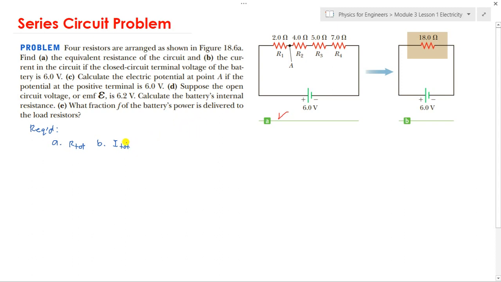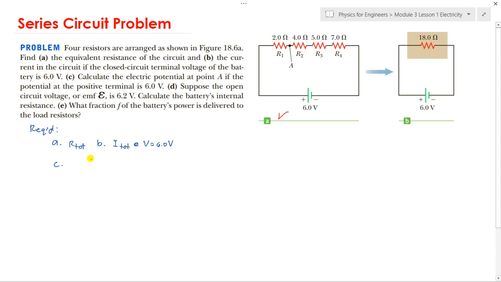Okay, so the circuit naman has a voltage of 6, that is the voltage at the power source. So ato ang battery. Letter C, calculate the electrical potential at point A if the potential at the positive terminal is 6 volts.